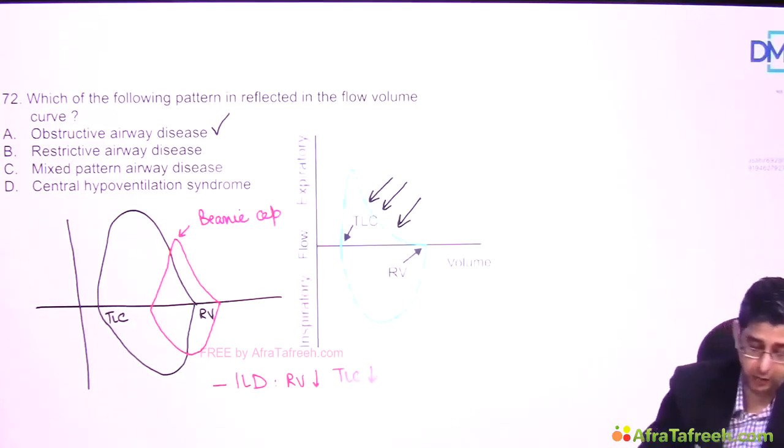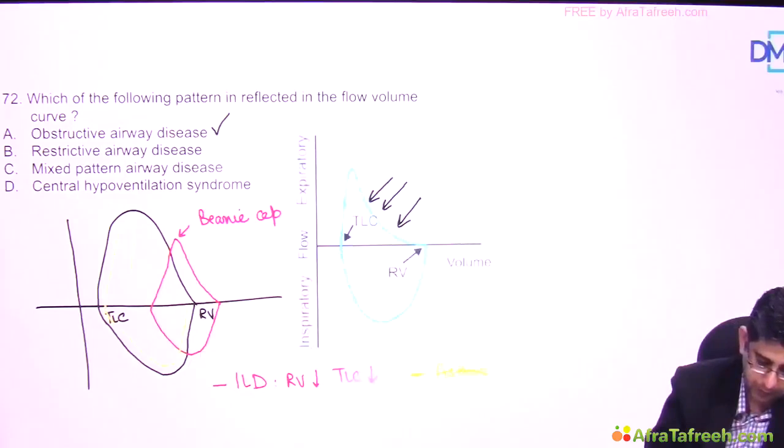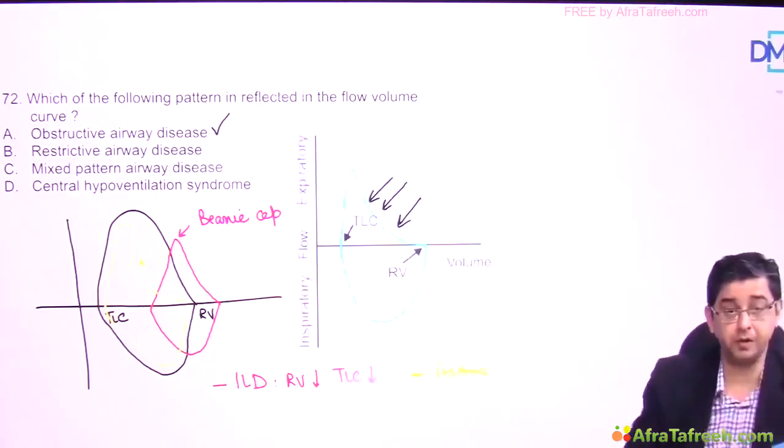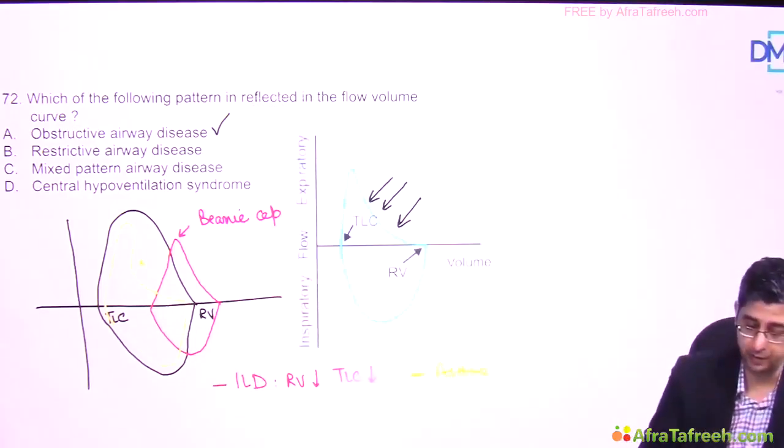Whereas in patients who are having bronchial asthma, you will notice that in the tracing, the expiratory part will be having a concavity like this. So the correct diagnosis for this question would be obstructive airway disease. Answer is alpha.